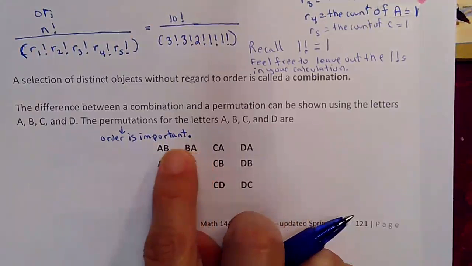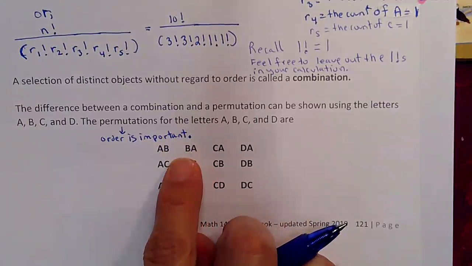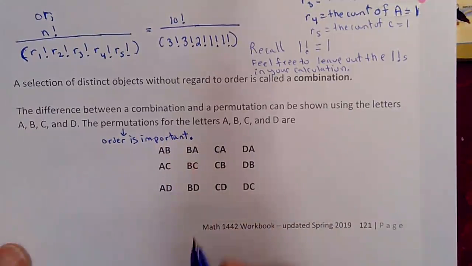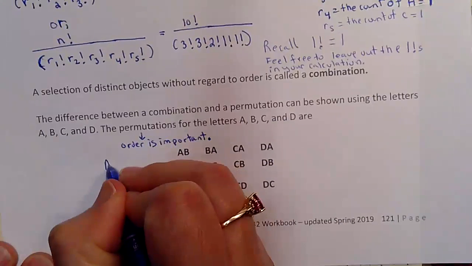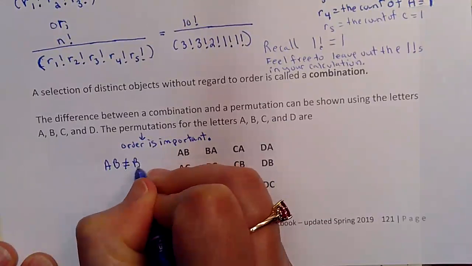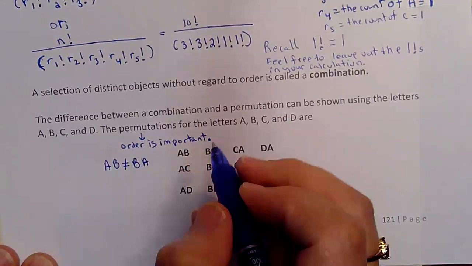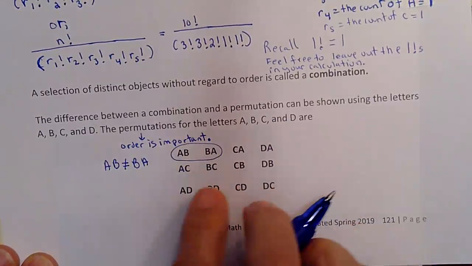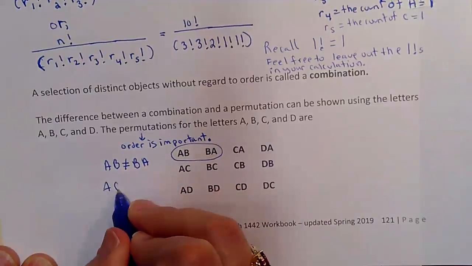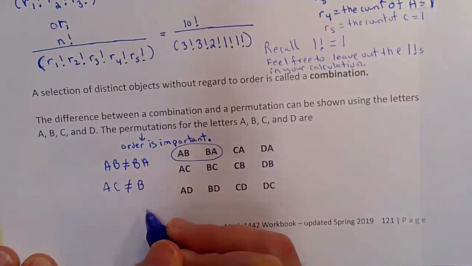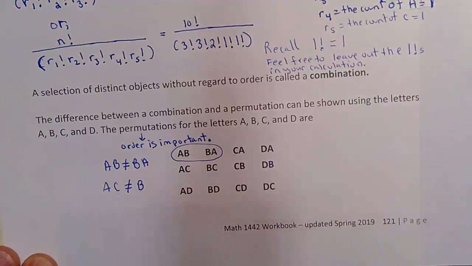Even though they both have A and B, the order's important. So AB is distinctive from BA. In other words, AB is not the same as BA, for example, here. And also AC is not the same as CA.